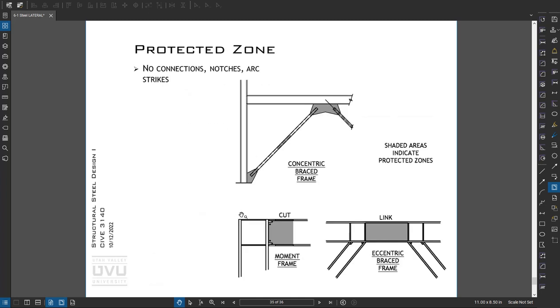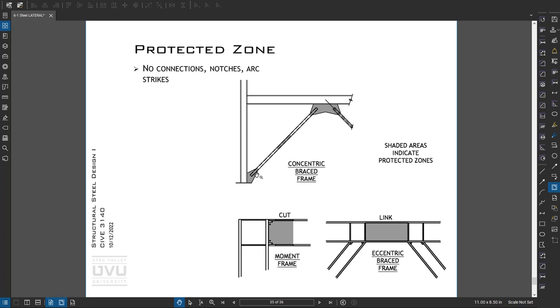All right, then the last slide here are protected zones. So in special brace frames, special moment frames, and special eccentric brace frames, there are areas where we expect the yielding to occur. And in those areas, you can't have connections other than pre-qualified connections, notches, or any arc strikes.